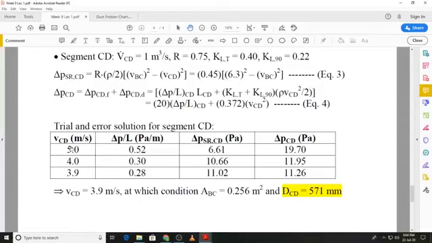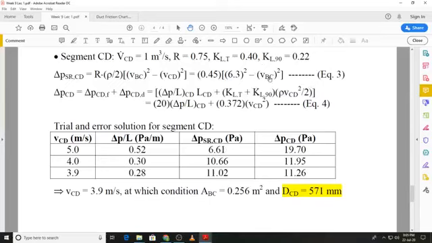And you can see again the trial and error method I have gone through. I started with a velocity of 5 meters per second, found out the frictional pressure drop per unit length, and found out the value of static regain and the corresponding pressure drop. There's a very significant difference between the two values. One is very high, this one is comparatively very small, so I need to increase the value of the static regain.